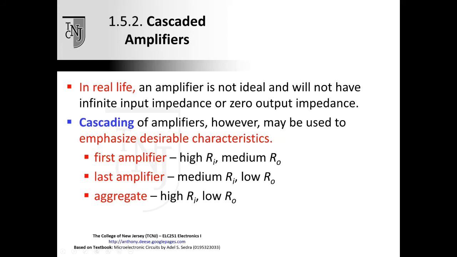And we could have amplifiers in between that help us in other ways, mainly to boost the voltage, to boost the gain even greater. Maybe both of these together still don't give you the gain that you're looking for. We can throw another amplifier in the middle in order to boost that. So the aggregate has a really good high input resistance, a really good low output resistance, and potentially has the high gain that you're looking for.